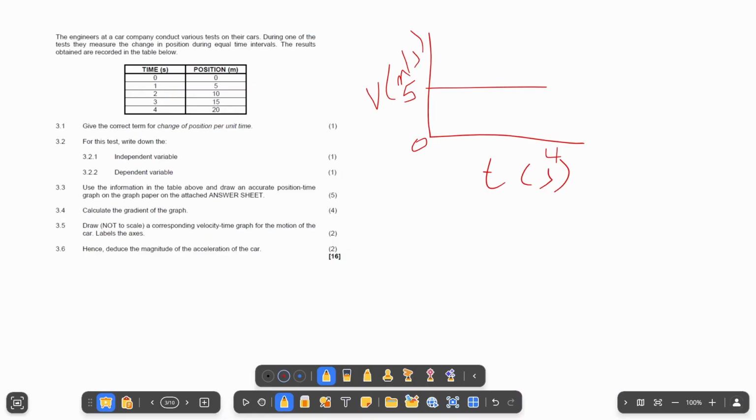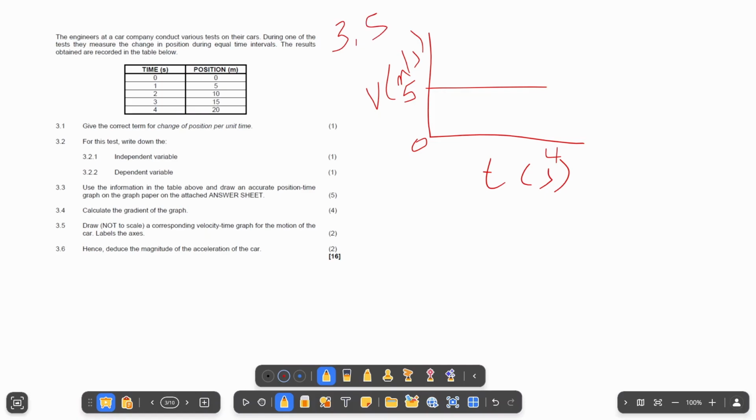For the whole 4 seconds, this velocity did not change. You can label it and say velocity time graph and give it a title. Okay. Now we are done with 3.5.